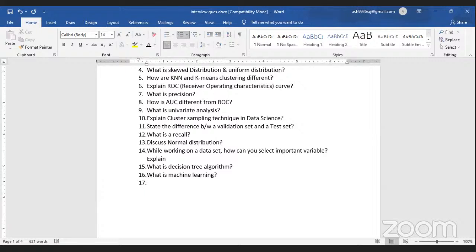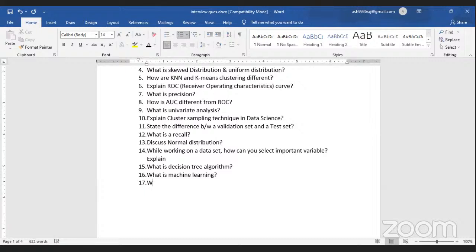Machine learning explores the study and construction of algorithms that learn from and make predictions on data. It is closely associated with statistics. That is called machine learning.